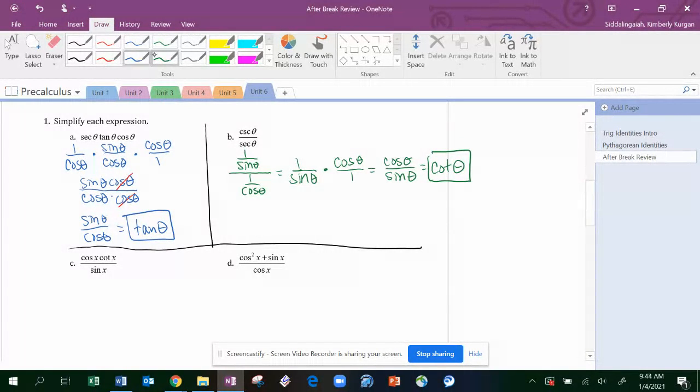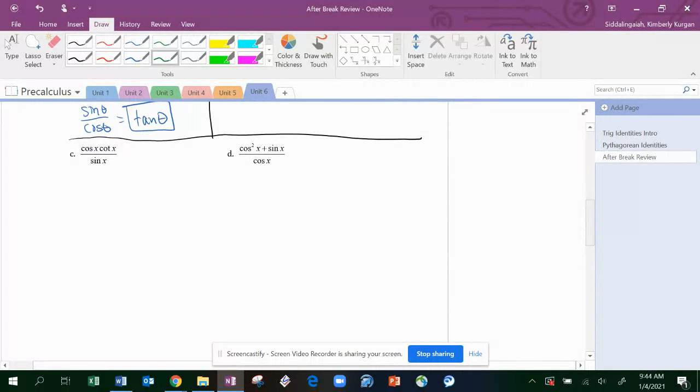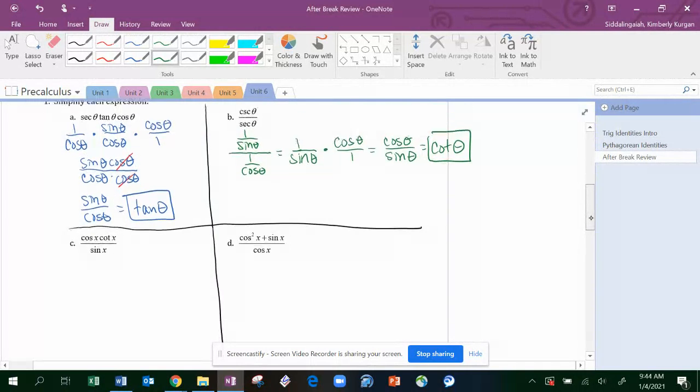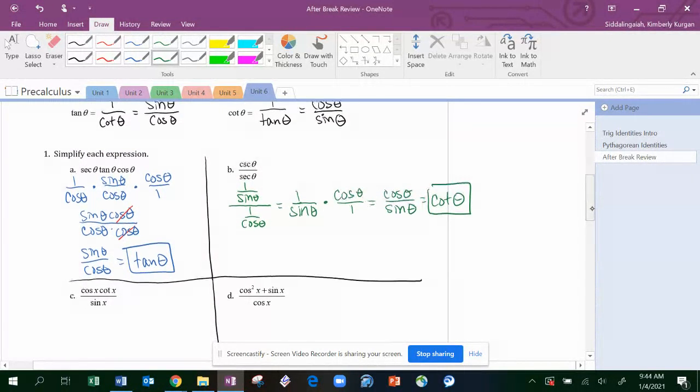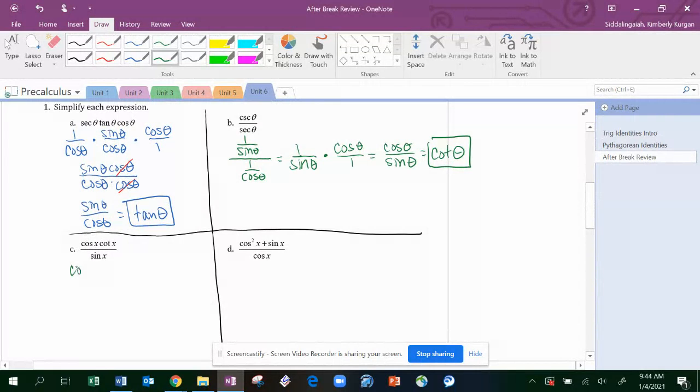Okay, so let's go on to the next one. Part C looks like I have cosine times cotangent, and then that's divided by sine. Okay, so let's rewrite cotangent in terms of sine and cosine. All right, so I have cosine of x over 1 times cotangent is cosine over sine, and that's all divided by sine.